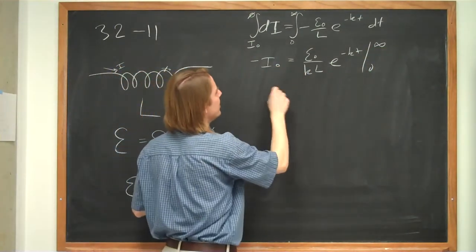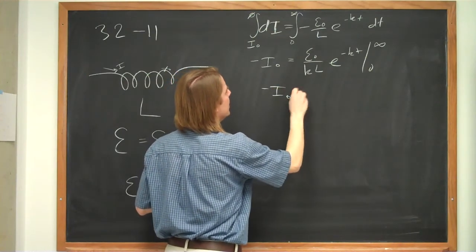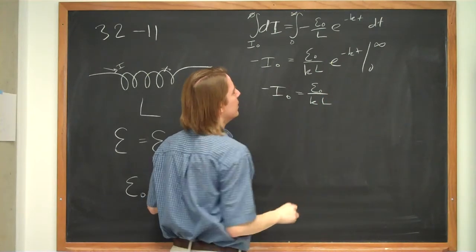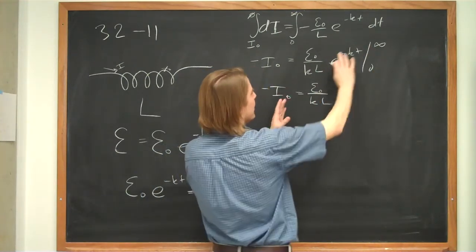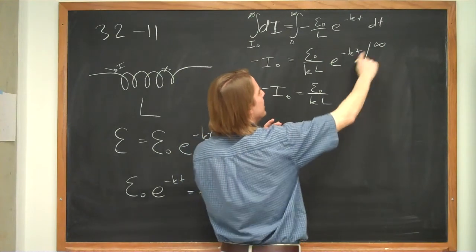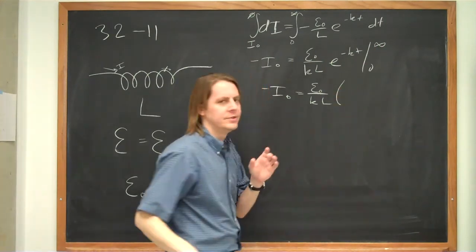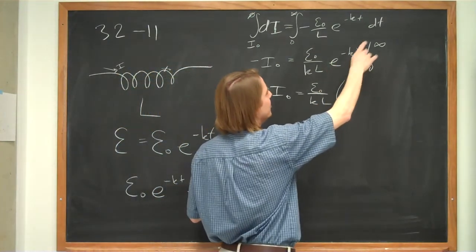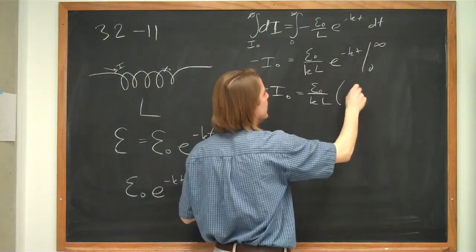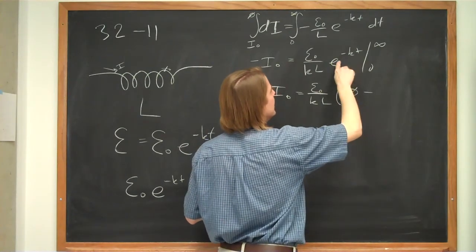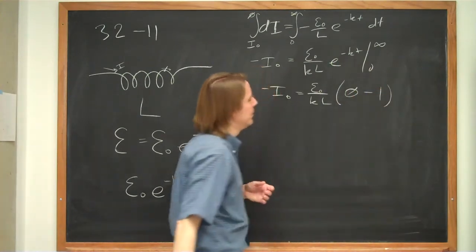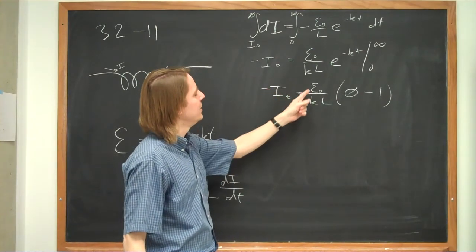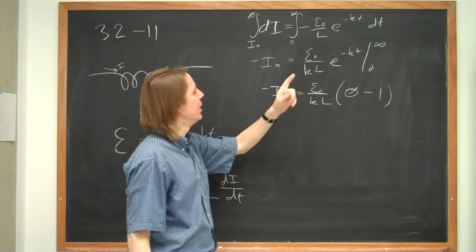So what you end up with is minus I naught equals E naught over kL, and we pull this out and do the limit just on the exponent. e to the minus infinity is 0: e to the minus something is 1 over e to the something, and e to the infinity is a big number, so 1 over a big number is 0. Minus e to the 0, which is 1. So that minus 1 cancels that minus 1. You see that I naught is E naught over kL.